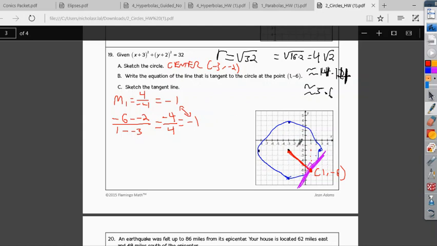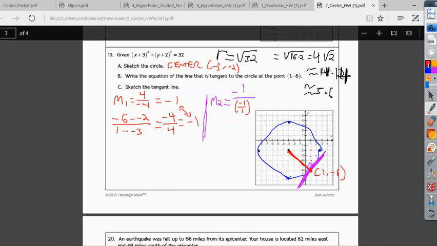If that's going to be the slope of my original line, the slope of the tangent line, which is perpendicular, m2 is going to be, it's perpendicular to that line, so that's going to be negative reciprocal. So it's going to be negative 1 over the slope of our original line, which was negative 1 over 1.